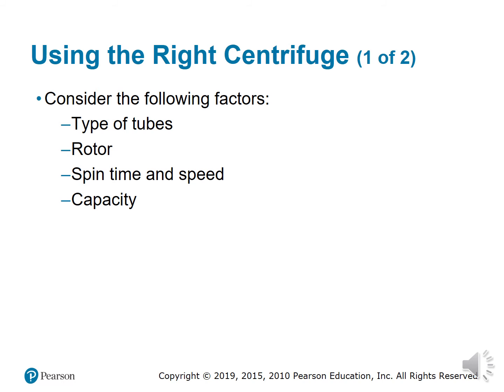Using the right centrifuge, consider the following factors: types of tubes, rotor, spin time, and speed and capacity. All right. You guys have seen that there are different shapes and sizes of tubes, so you want to make sure that your centrifuge will allow you to use those tubes. And every tube can't be used in every centrifuge.